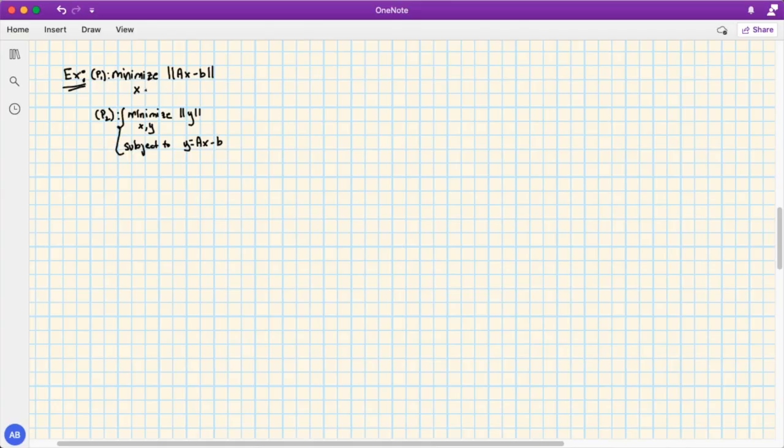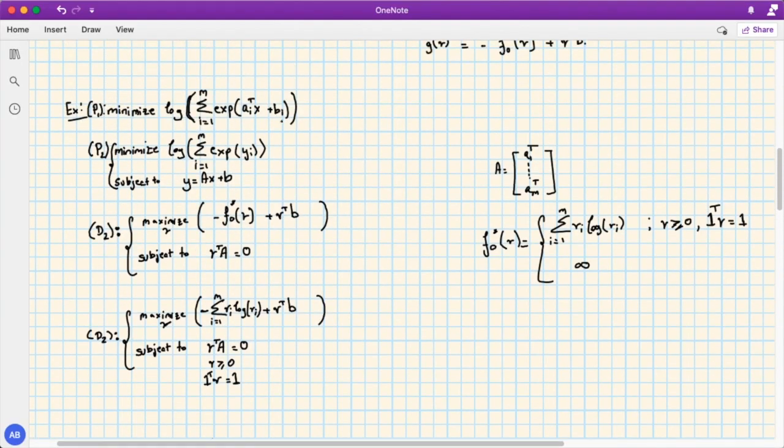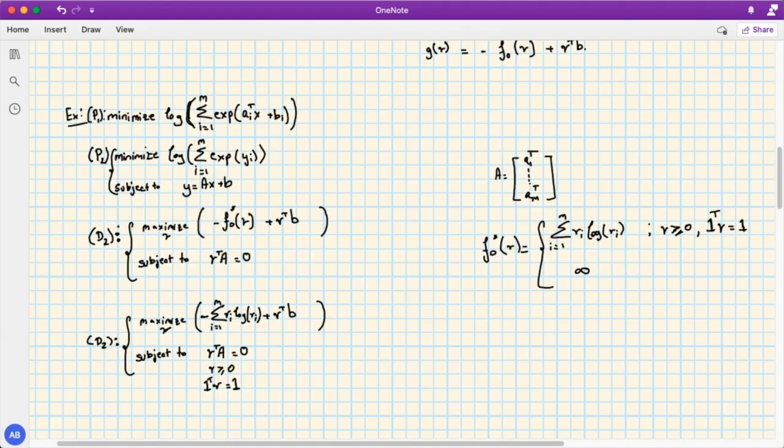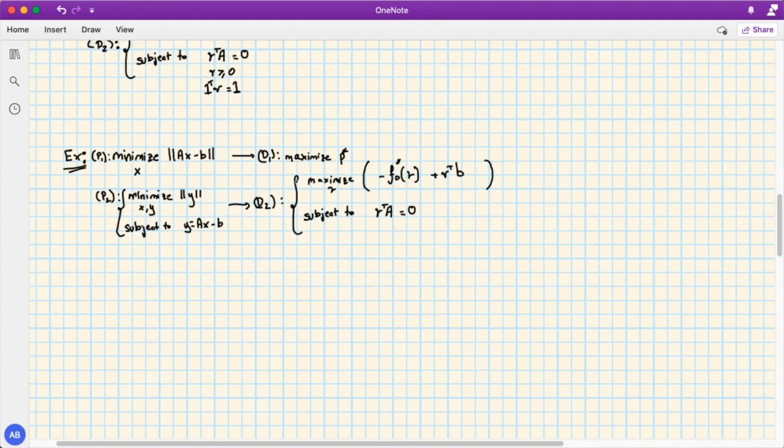As before, D1 is an unconstrained problem where the job is to maximize p star, a constant. Whereas over here, as we did previously, we are maximizing this term over here, this problem over here. So what is my f0 star over here?